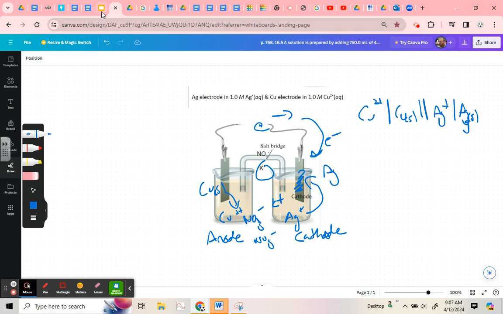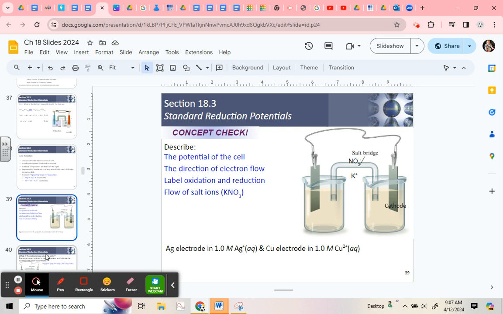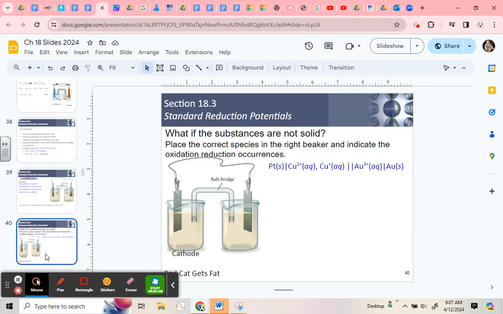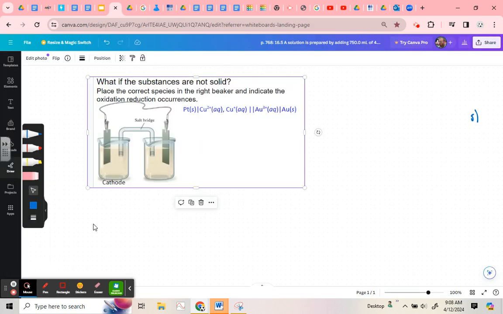But then it gets a little bit of an extra step if you have a substance that doesn't have any solid in it. So here you have copper 2 plus turning into copper plus, and then Au 3 plus and Au solid.